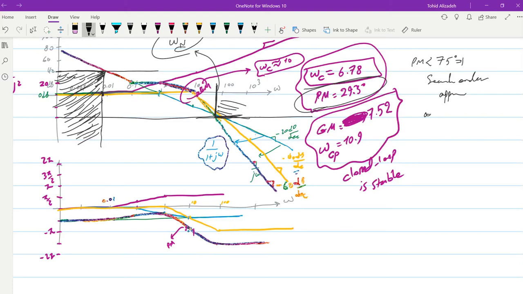For our second order approximation, omega n will be approximated as omega c. Let me rewrite this. Omega n will be approximated as omega c, and zeta will be equal to phase margin over 100.